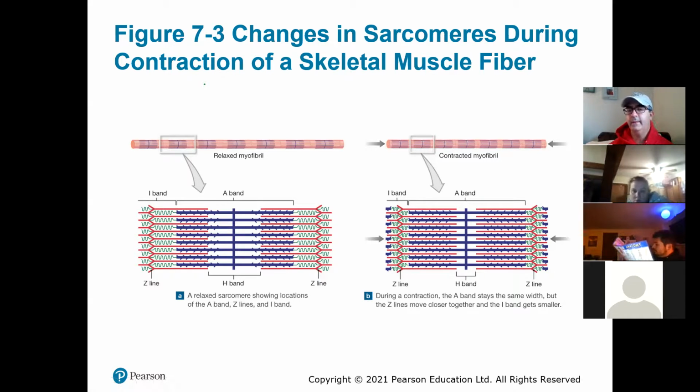So when the neuron sends a signal and the SR releases calcium, all of a sudden that troponin and tropomyosin, which were on actin, they all bind to calcium. And so they get off of that active site. And as long as there's calcium around, they're bound to calcium. They're not sitting on the active site. If they're not in the way, then myosin can see where to grab actin and pull the actin in closer to the middle.